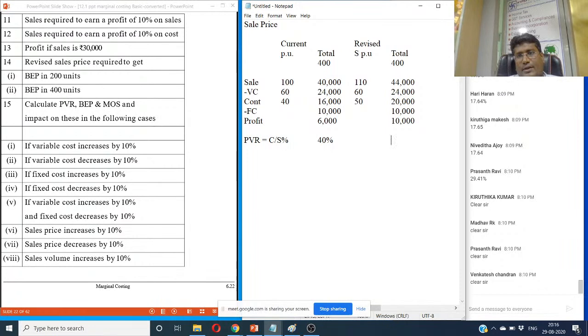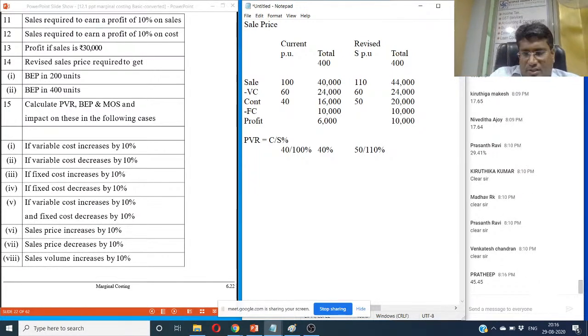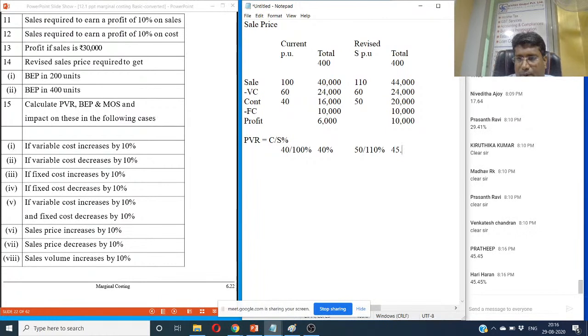For the revised scenario, 50 by 110. Come on, get me the value. 45.45. Very good. Yes. This is PVR.